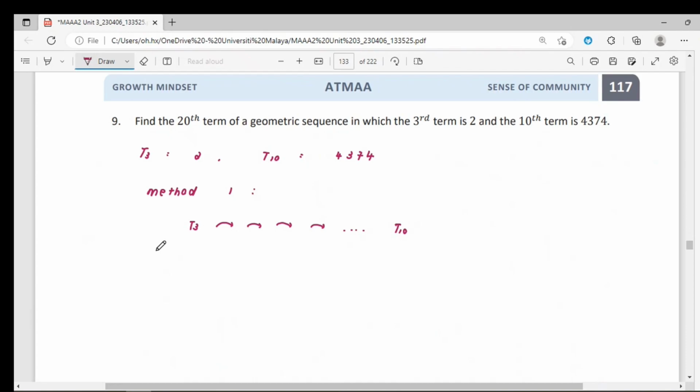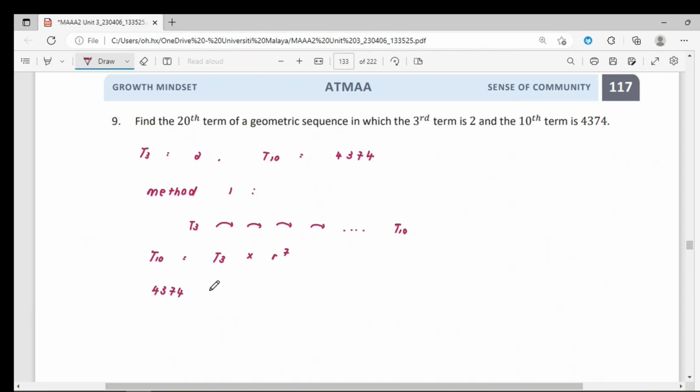That's why you know T10 is equal to T3 multiplied by R seven times. Every time you multiply R, multiply R, multiply R. So it's not 7R; you're not using R to multiply 7. You multiply R by itself 7 times. So that's how we get this number.